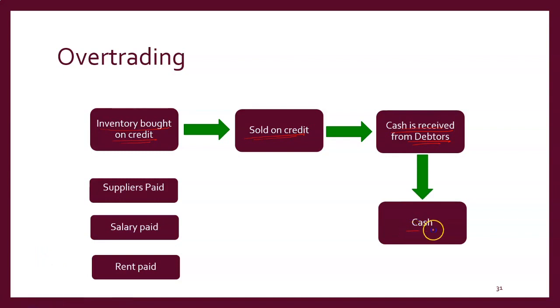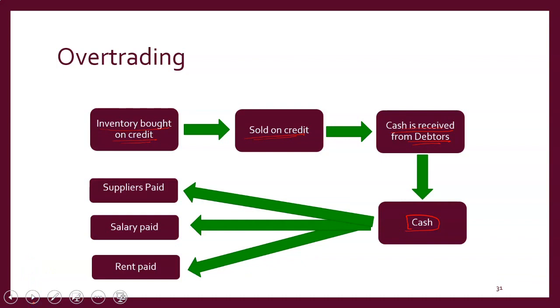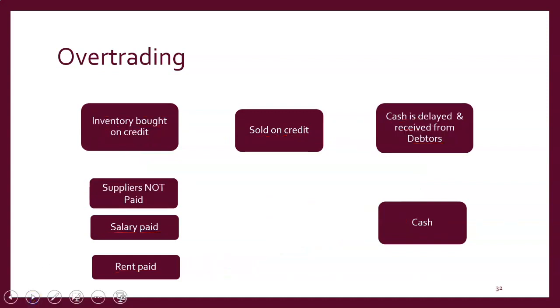Once he has given cash, the company will receive the cash, and this cash is paid to the suppliers, as salary, and as rent on a month-on-month basis. So again, the circle continues. This circle keeps on continuing, but there might be problems.